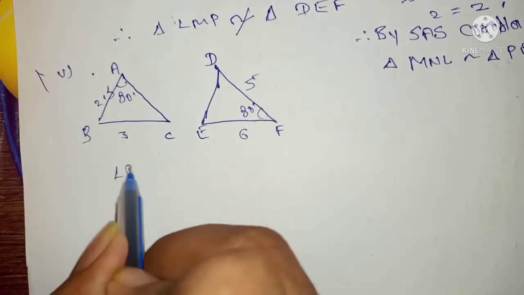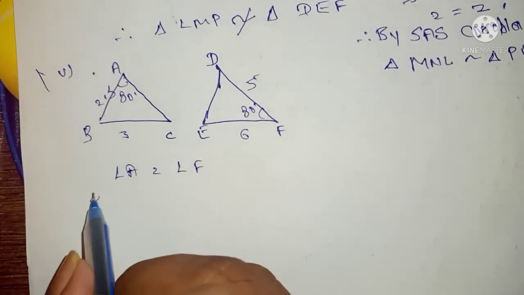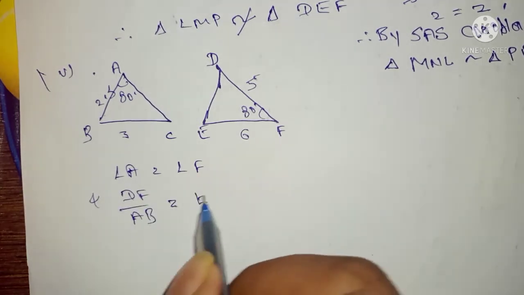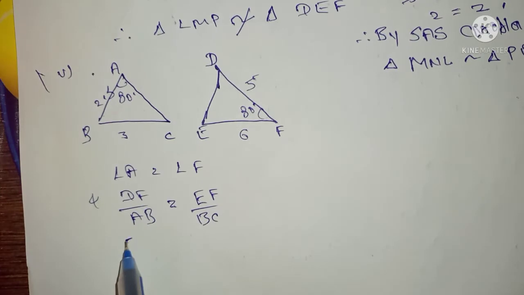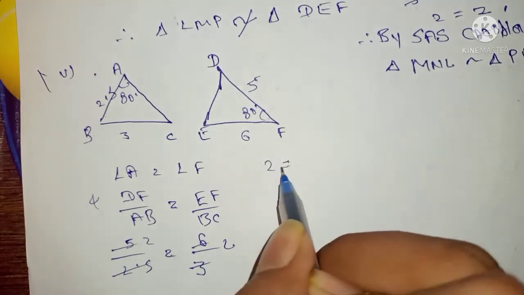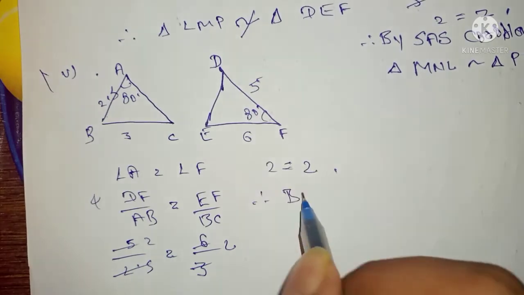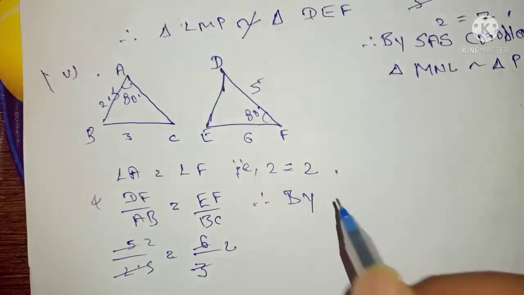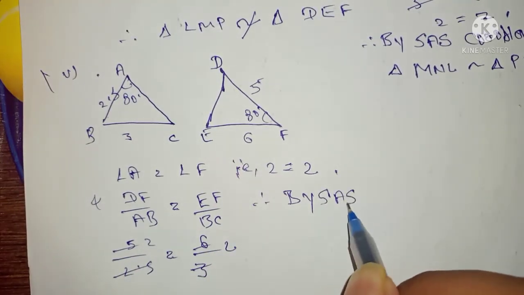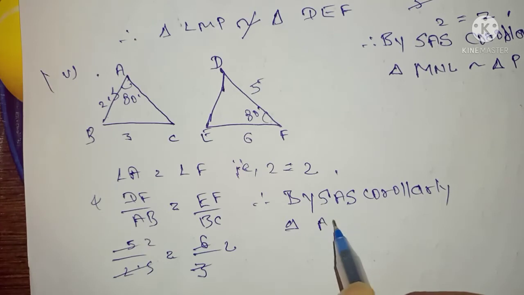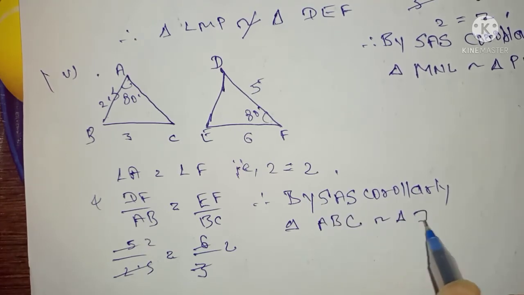Here also angle A is equal to angle F, and DF by AB is equal to EF by DC. 5 by 2.5 is equal to 6 by 3, which will give 2. So we can say 2 is equal to 2, therefore by SAS corollary, triangle ABC is similar to triangle DEF.